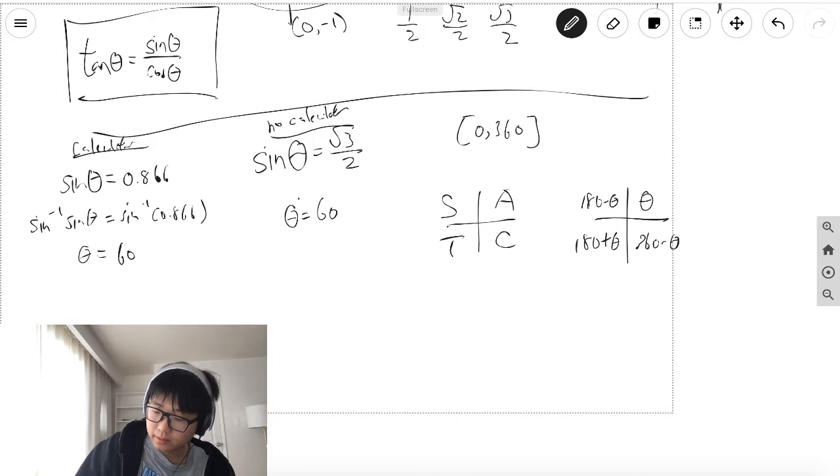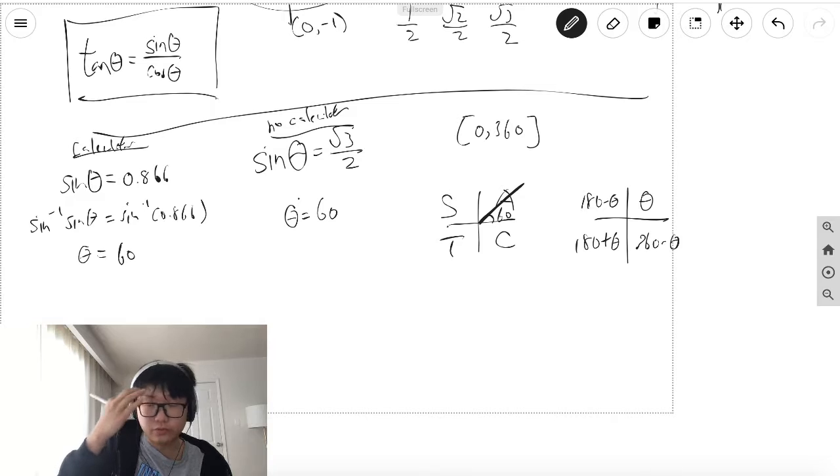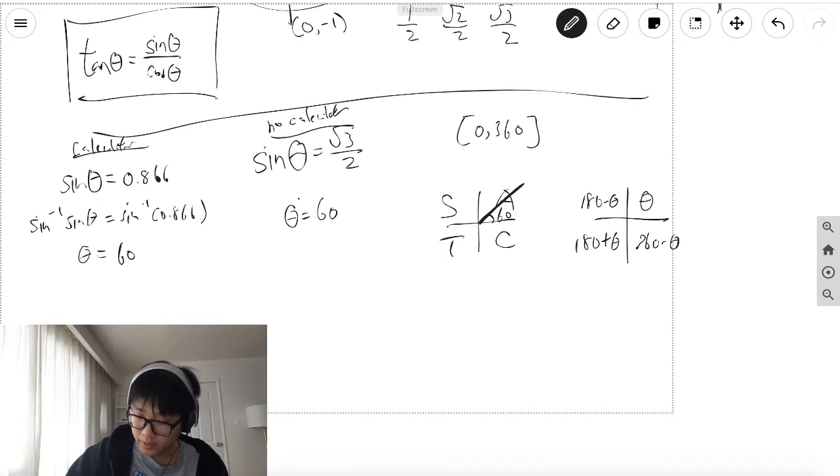Well, 60 is this angle right here. So I know three other places that have the exact same magnitude, root 3 over 2, but only one other place has positive root 3 over 2, and that's going to be in the quadrant of S as well.